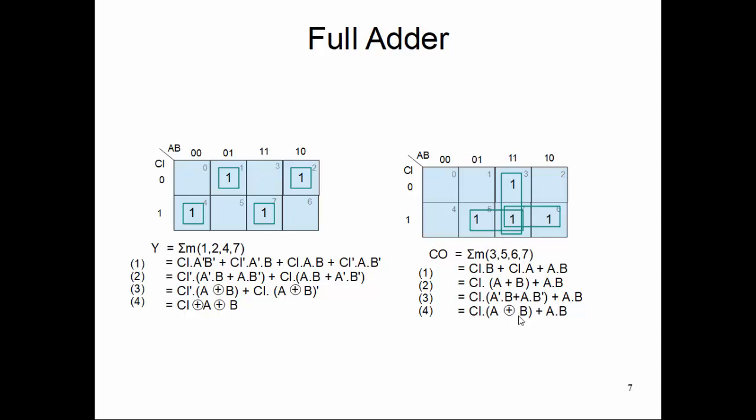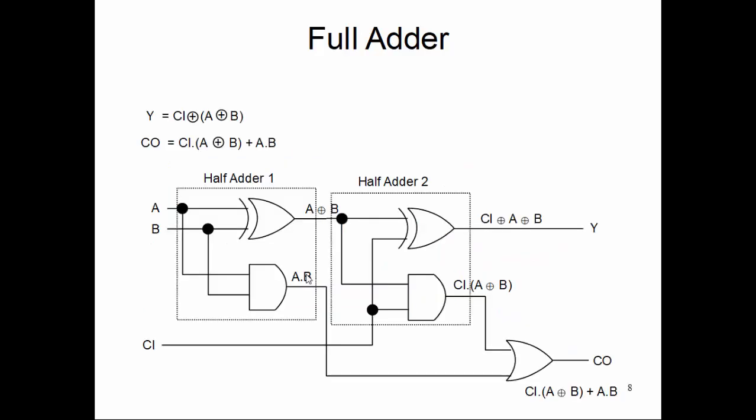I can reuse some of the logic already evaluated in equation Y. So we have Y as CI XOR A XOR B, and CO as CI (A XOR B) or AB. Now you see, one half adder gives you A XOR B and AB. I need these two terms, AB and A XOR B, and from one half adder I am getting them.